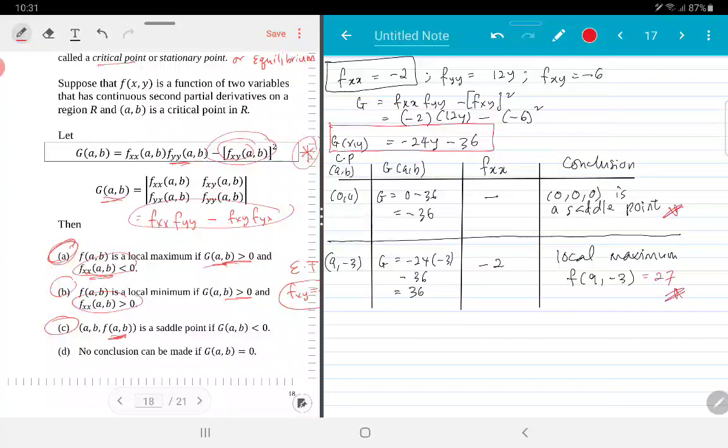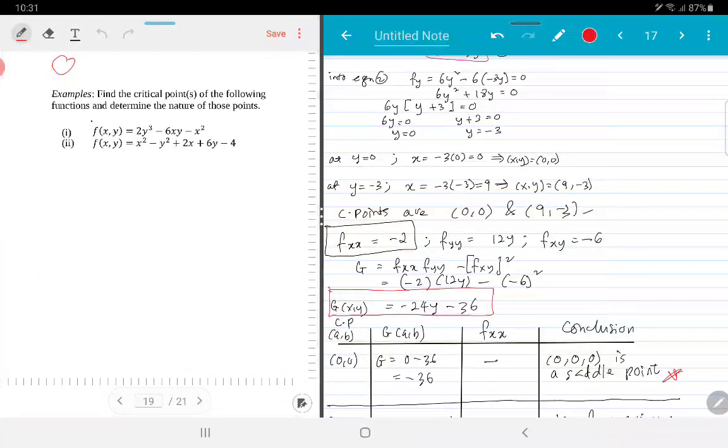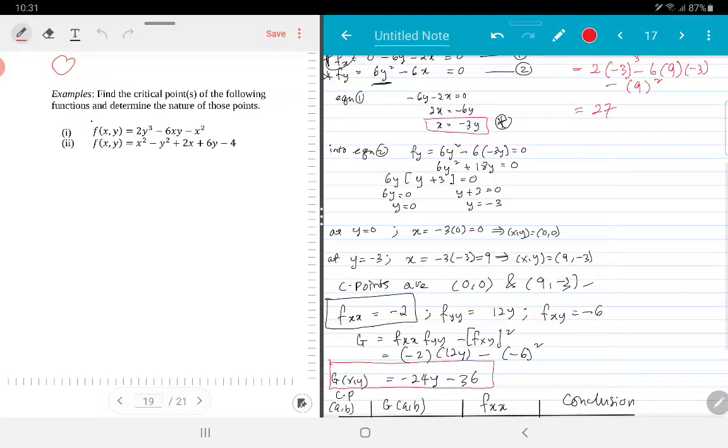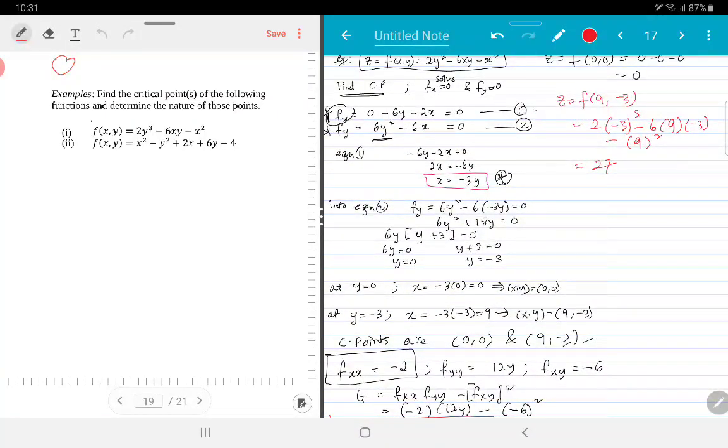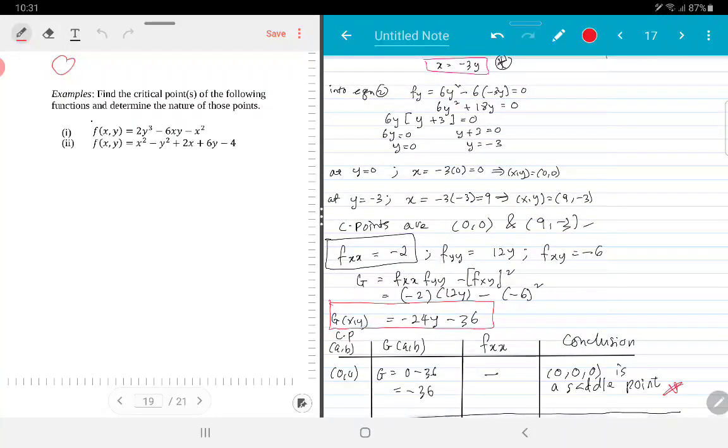So that's how you find the critical points by solving two equations simultaneously. One is partial f partial x equals 0, and the other is partial f partial y equals 0. The next step is to find g, where g is fxx times fyy minus fxy squared.